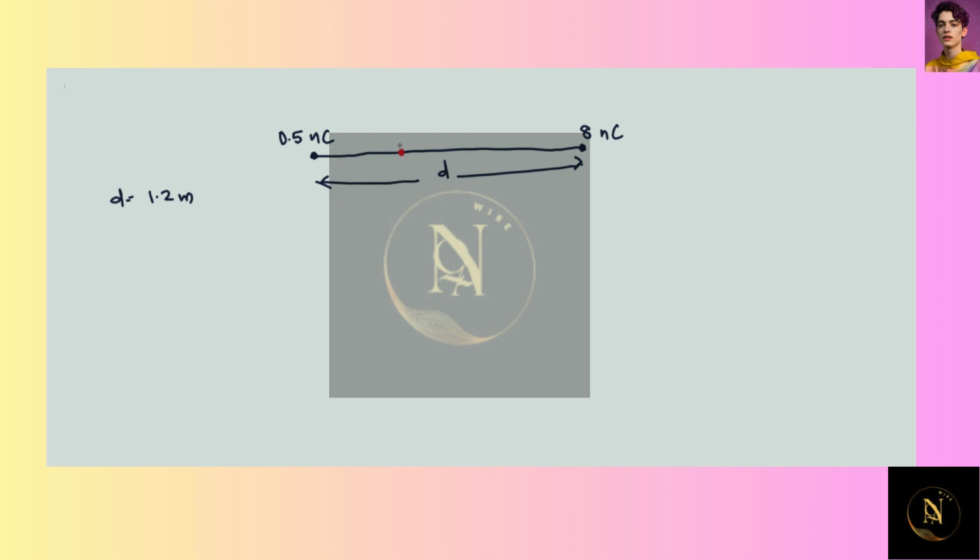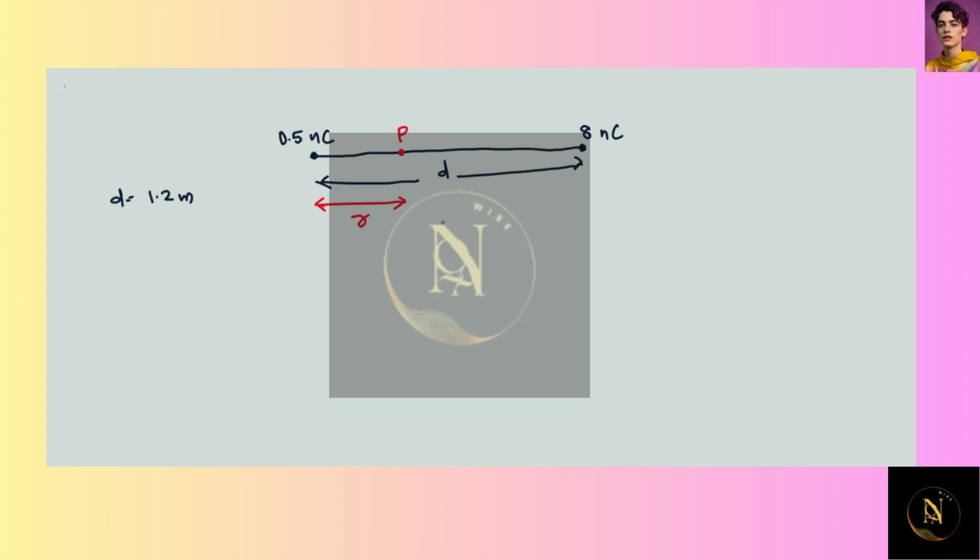So, let's say that the point where the electric field is calculated is at a distance r from this charge, 0.5 nanocoulomb.